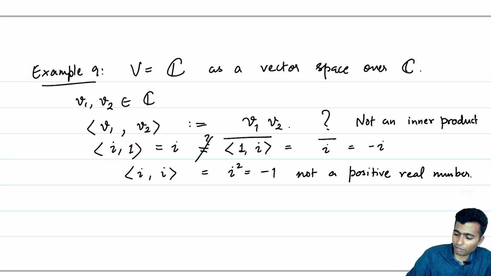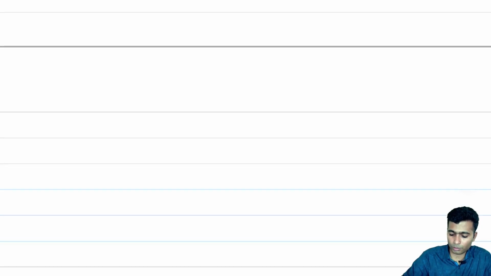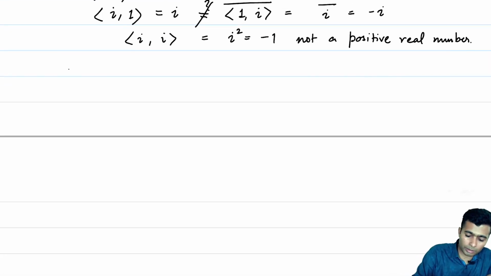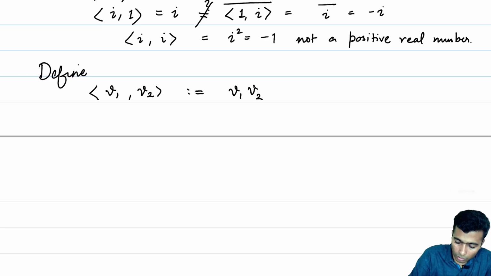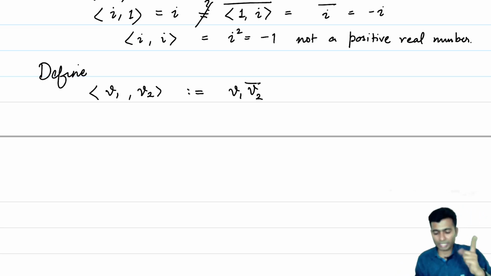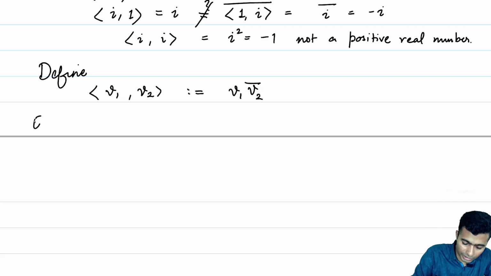But if you slightly tweak it, if you define the inner product of V1 and V2 to be V1 times the conjugate of V2, then it's a good exercise for you to check, or maybe let's go through it.